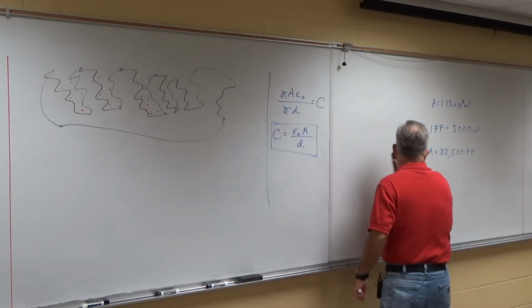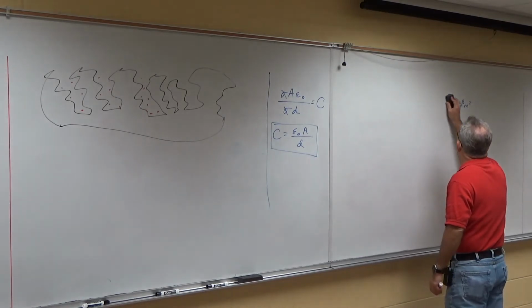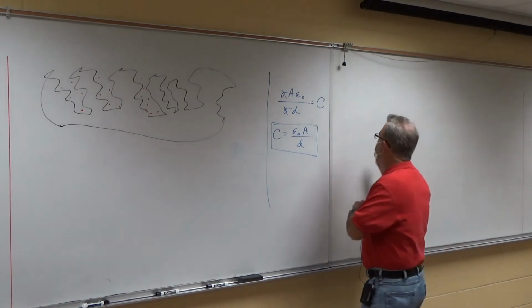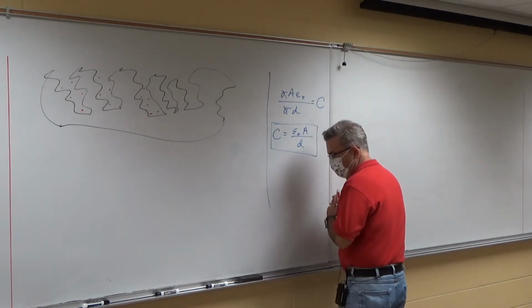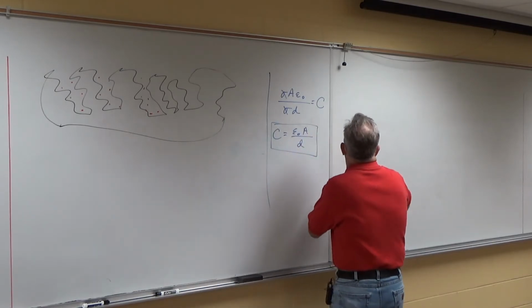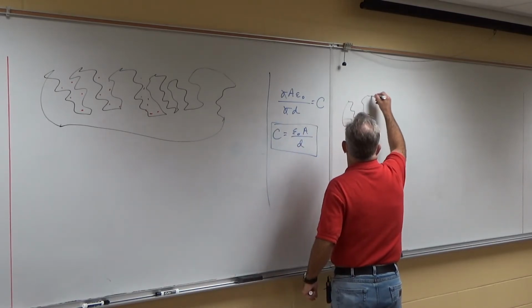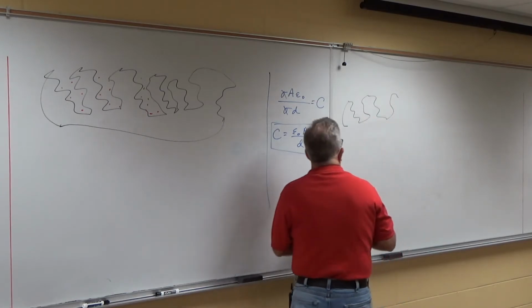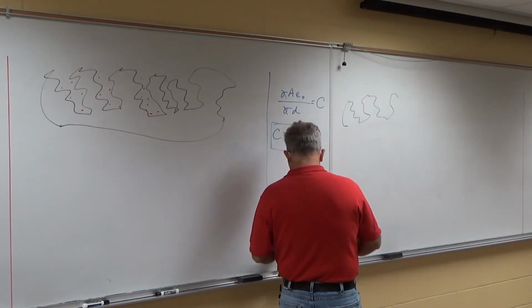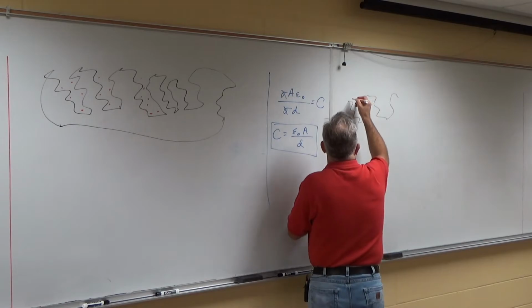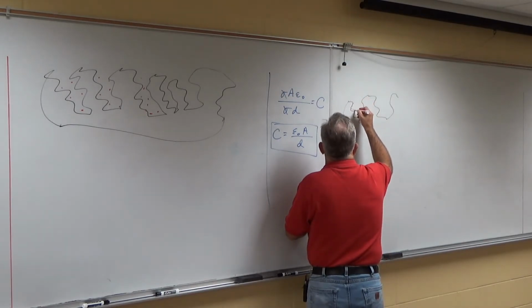They take that material and scrunch it up. Let me try to draw it. So there's a little bit of it, and they metal coat it on each side. And it's very, very thin.